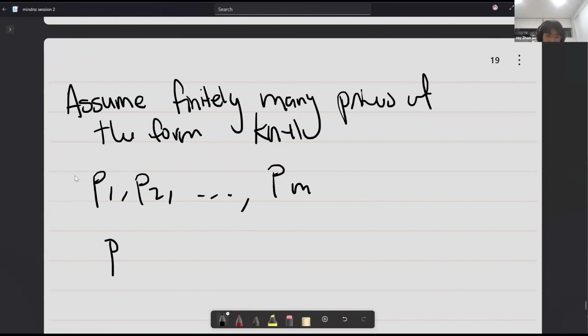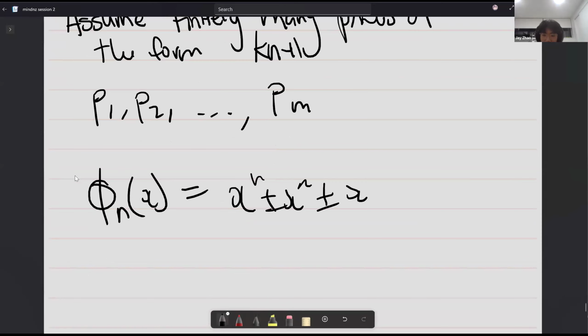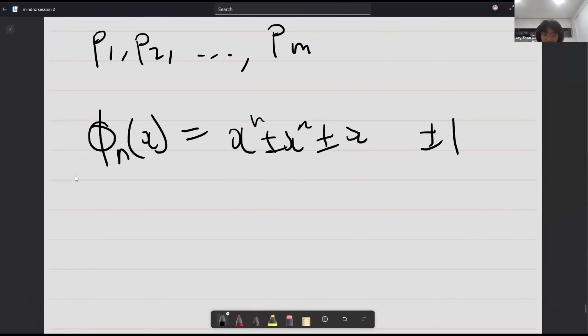Now, we know that the nth cyclotomic polynomial is plus or minus x to something, plus or minus x to something, and then plus or minus 1. So it's x times something, plus or minus 1.